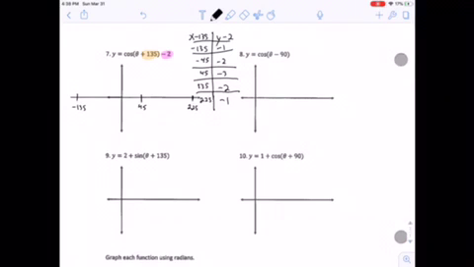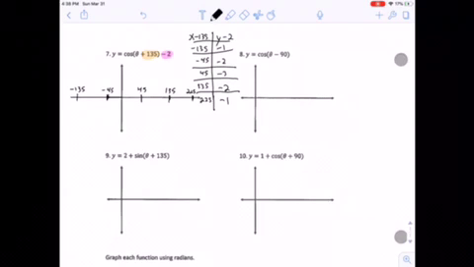Halfway between these two is going to be -45, excuse me. Then halfway between these is going to be 135. Alright, and again, I got to pay attention to what we're doing. These things are going to be above because our points are below the x-axis. So -45, 45, 135, 225.